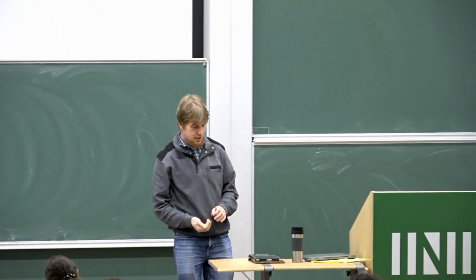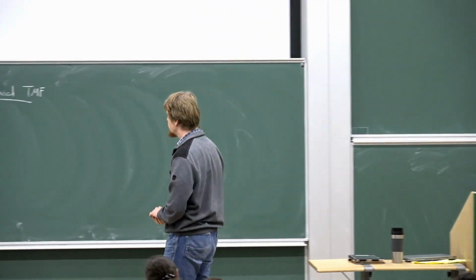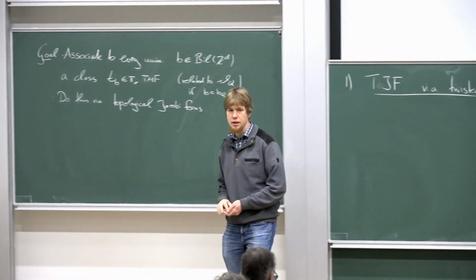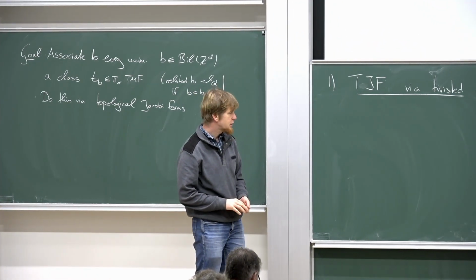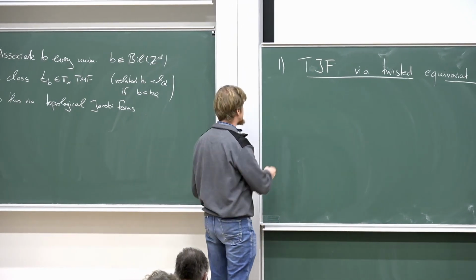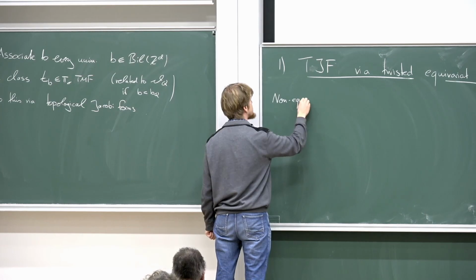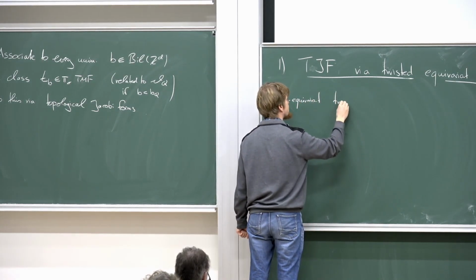Before I explain anything about twisted equivariant TMF, I want to recall a few things about twisting in general, because while not strictly necessary to do this, I think it's something good to know, and maybe not everybody knows. So let's say non-equivariant twist.